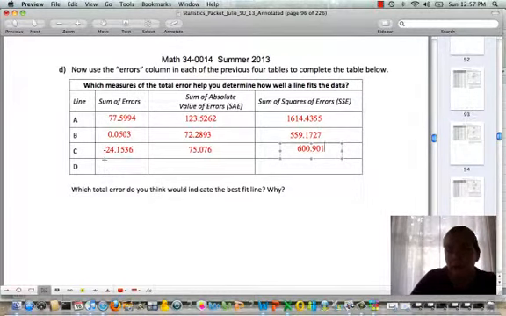And again, I'm rounding to 4 decimal places. If we don't say otherwise, go ahead and, as a rule of thumb, round to 4 decimal places in our class.